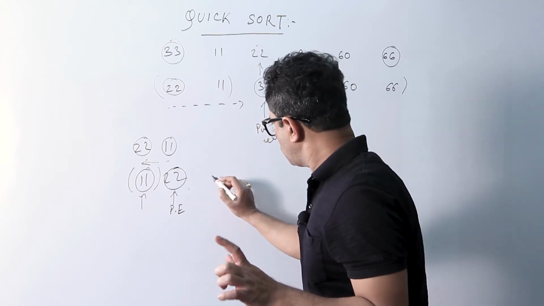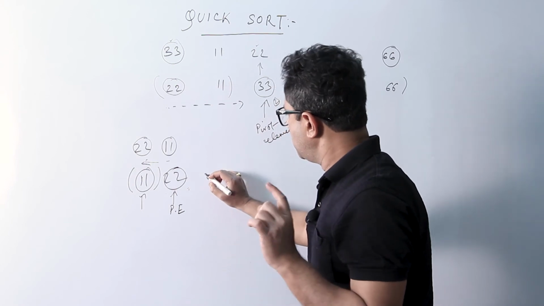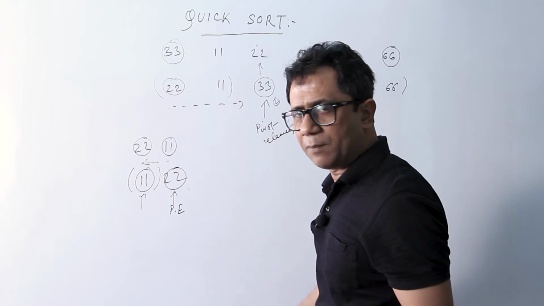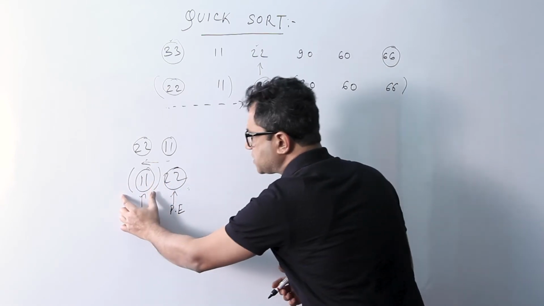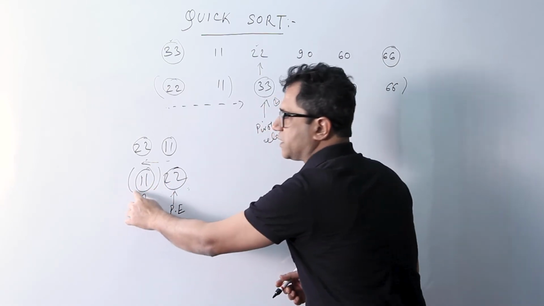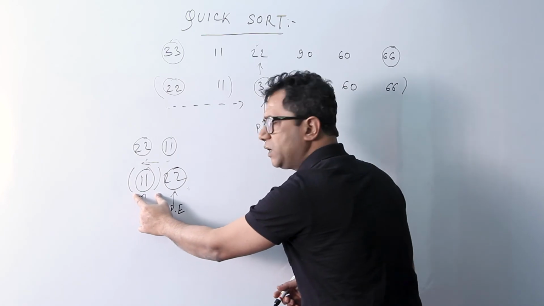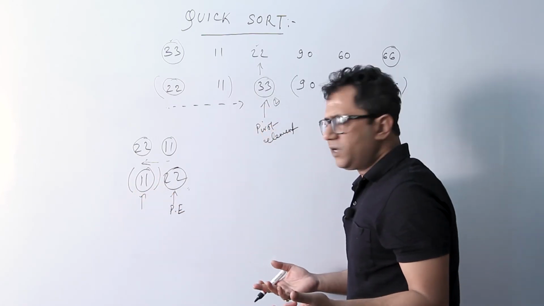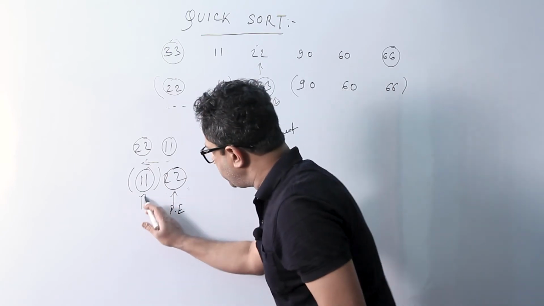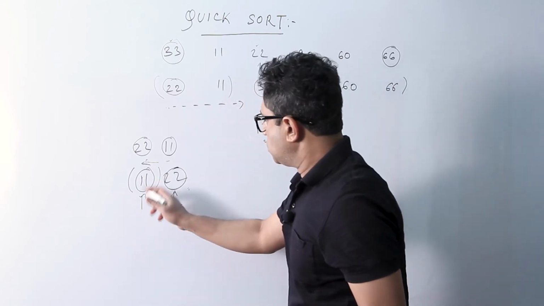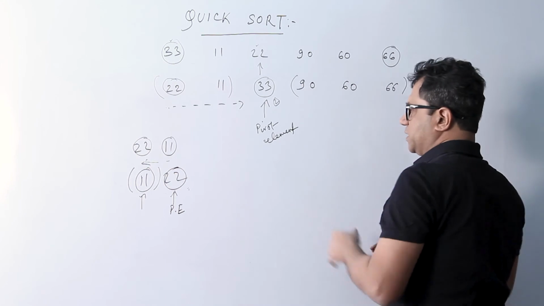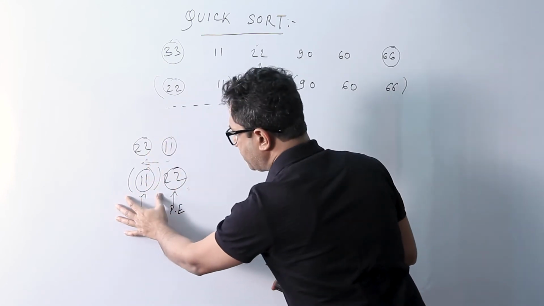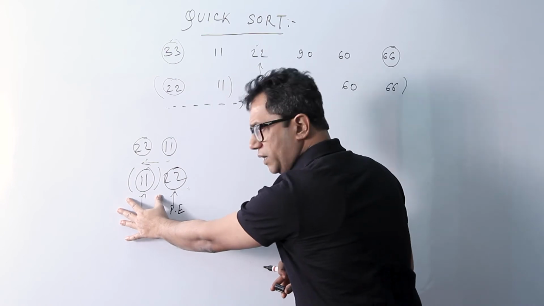So, there is no question of repeating the same pattern on the right side, because it is an empty list, and since the left sublist contains only one member, 11, it is easily assumed to be trivially sorted. So, it also needs no further swapping, no further performance of the entire process which we are doing all this while.